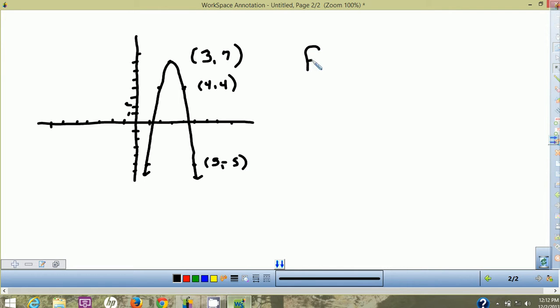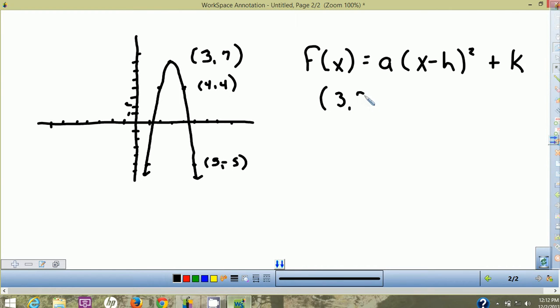So f(x) is equal to a times (x minus h) squared plus k. So let's figure out what numbers need to go in each of those places. We already said our vertex was the point (3, 7).